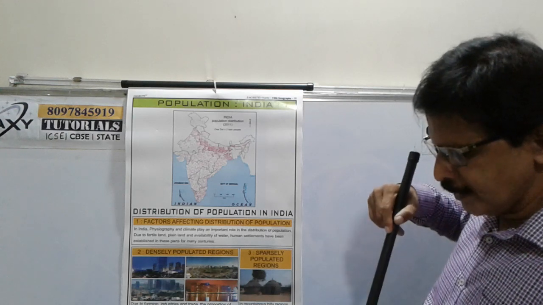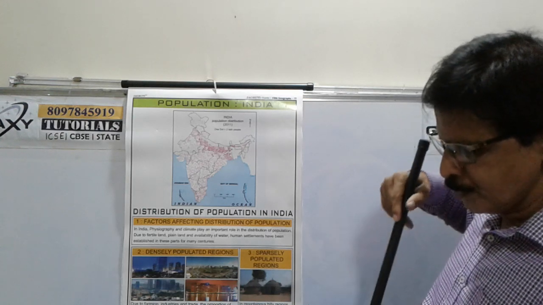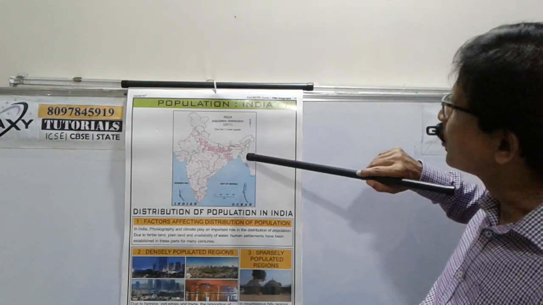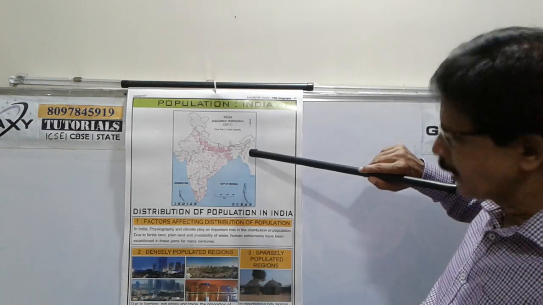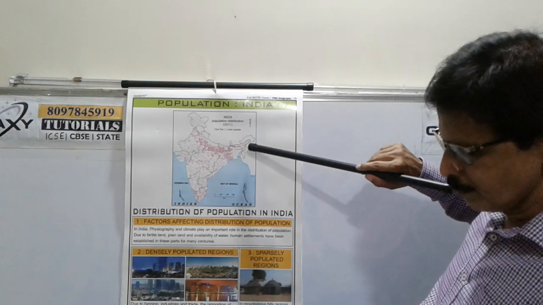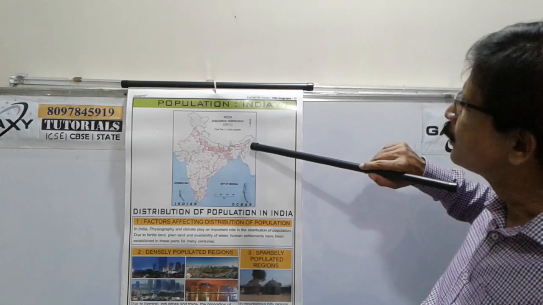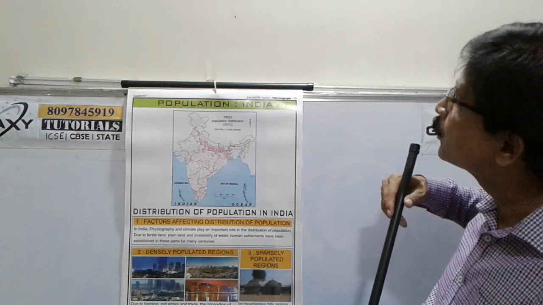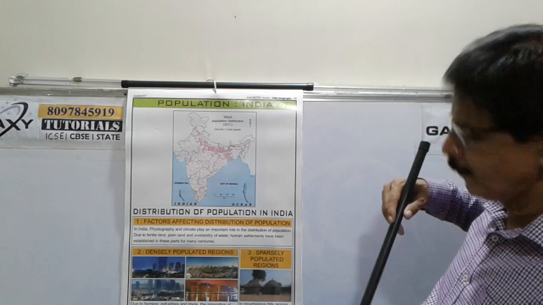The second category they asked is between 101 to 250. You can say these areas, the northeast states: Meghalaya, Nagaland, Manipur. Here the population is between 101 to 250.